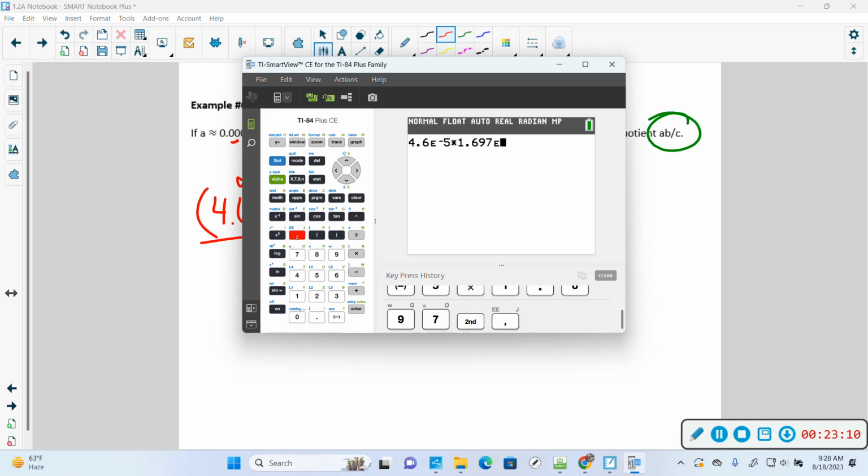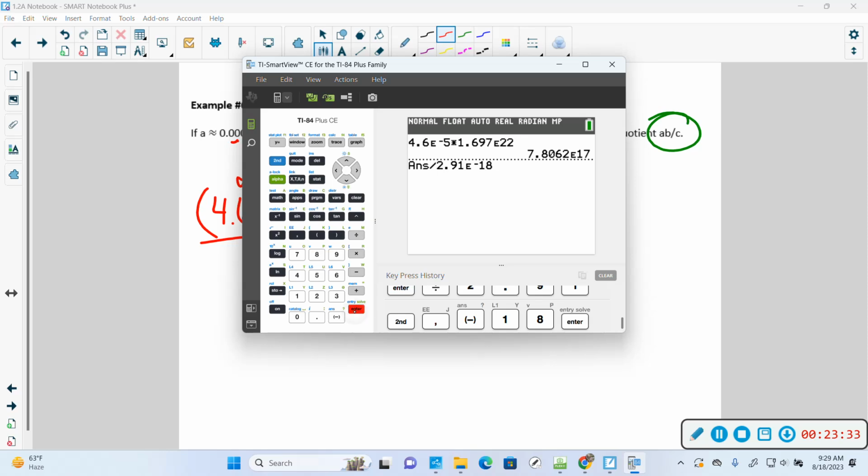I hate typing on this thing. And that power was 22. So that's what your numerator answer would be. I still have to divide it by the bottom, which was 2.91 EE, and the power on the 10 in the denominator was negative 18.